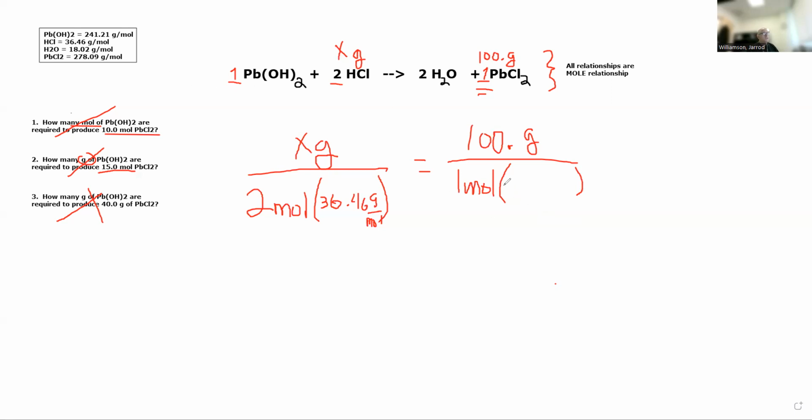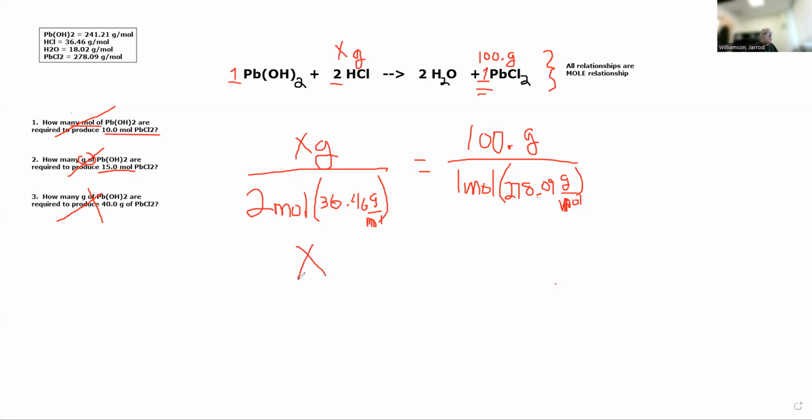Lead chloride is 278.09 grams per mole. Terrible writing. It's supposed to be a mole. Okay. But when I do that, 36.46 times 2 is going to be 72.92.